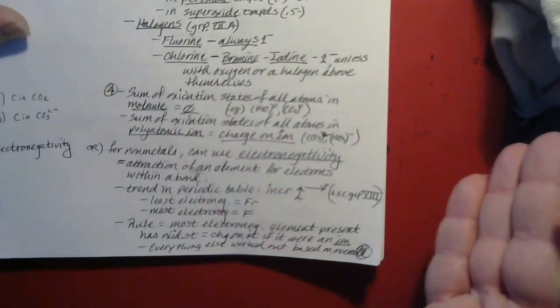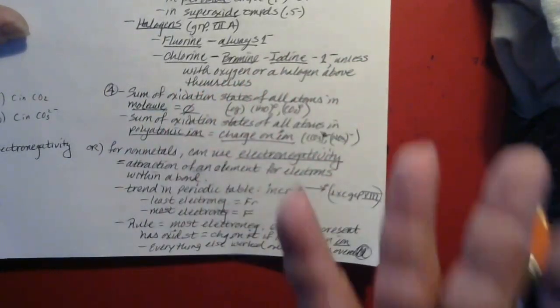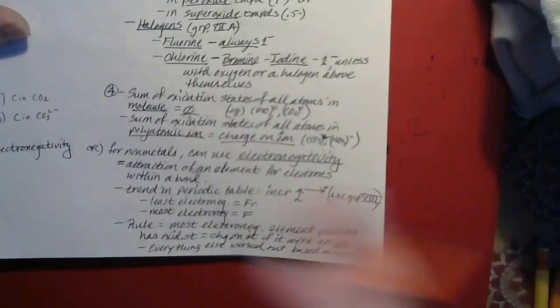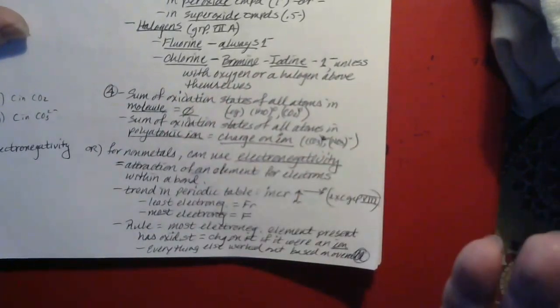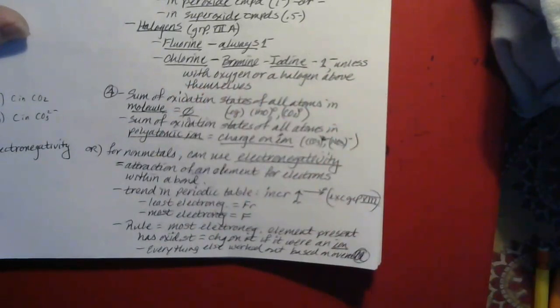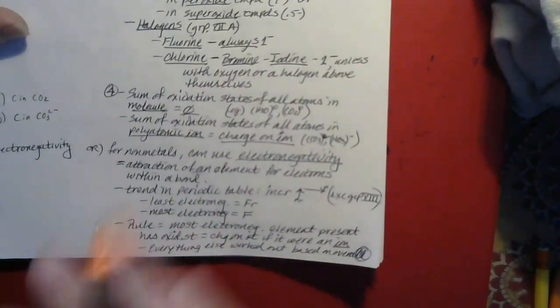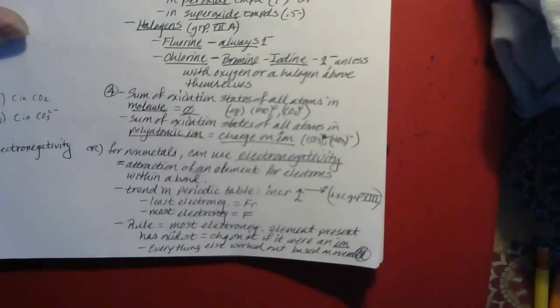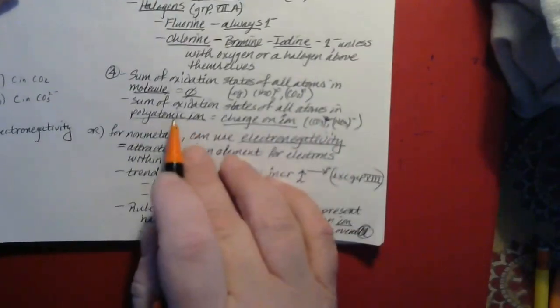Then they will be something else. And you're going to have to figure out what that something else is based on the overall charge and what the charge on the chlorine, bromine, or iodine needs to be in order to make the overall charge work out. We'll see some examples of that in the next lecture.